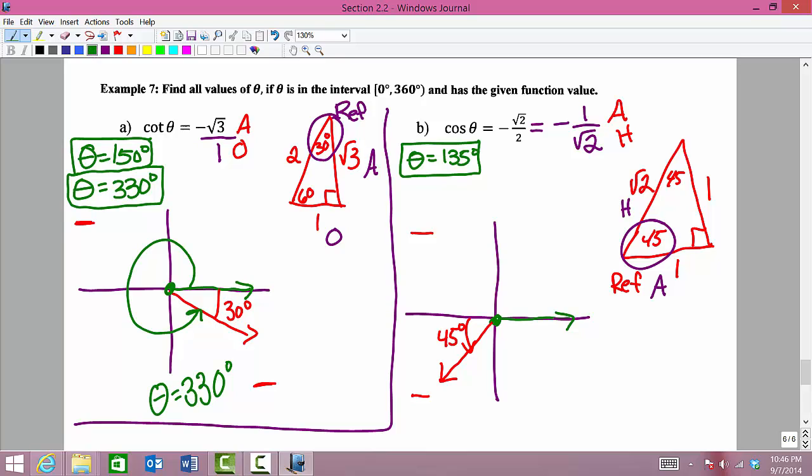And now if I was to graph the angle theta that has this reference angle, I would start here at the positive x-axis and go all the way around until I hit the terminal side. And of course that would be 180 degrees plus an additional 45 degrees. So that would be 225 degrees. So we have two angles that have a cosine value of negative square root of 2 divided by 2.